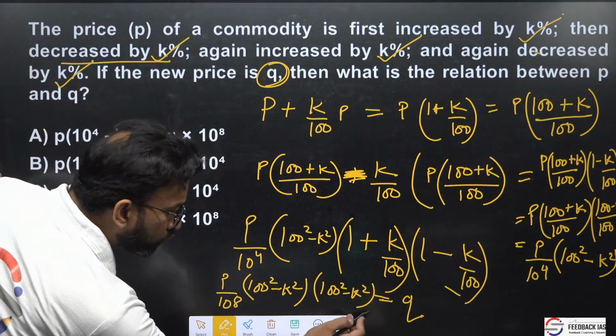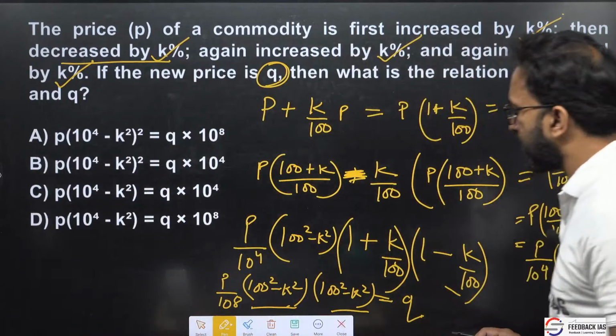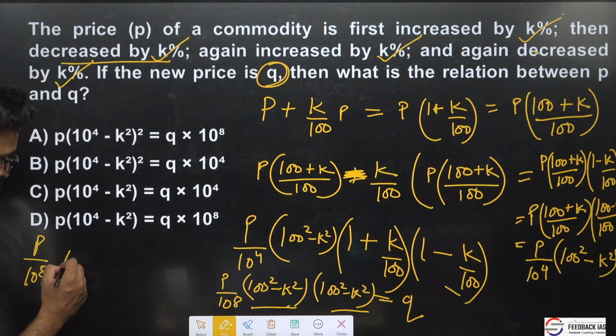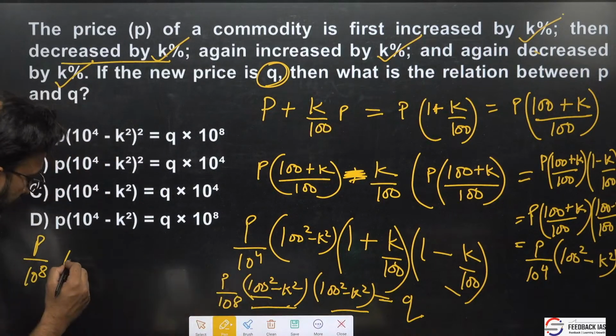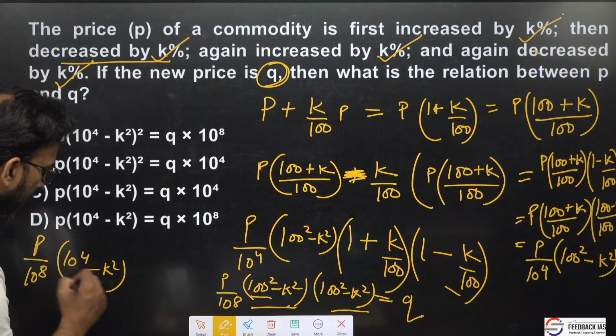Now these two terms are the same. We can merge them. So it will finally come out as P divided by 10 to the power 8, times (100 square minus K square) whole square, equal to Q. We can write 100 as 10 to the power 2, so 10 to the power 4 minus K square whole square.